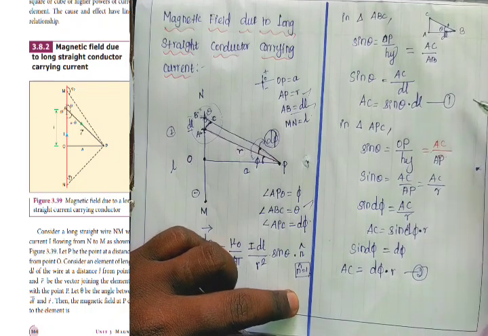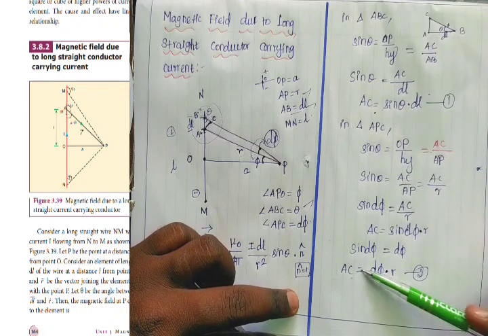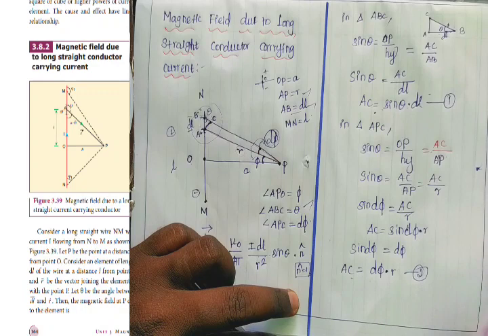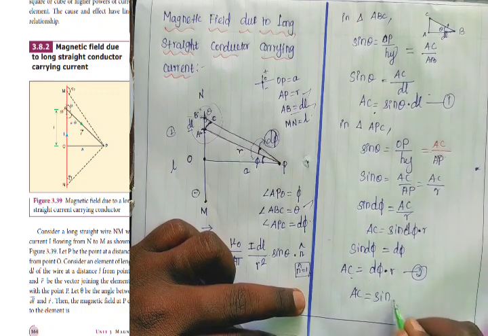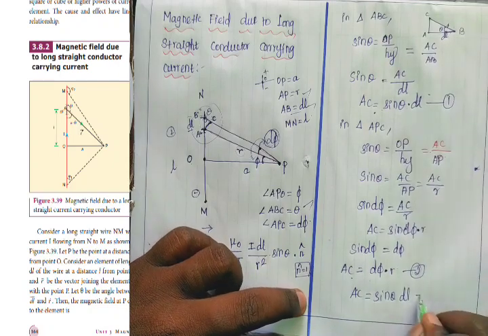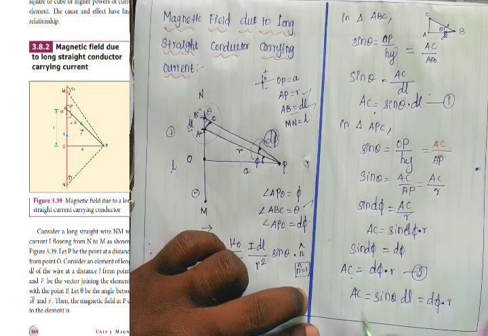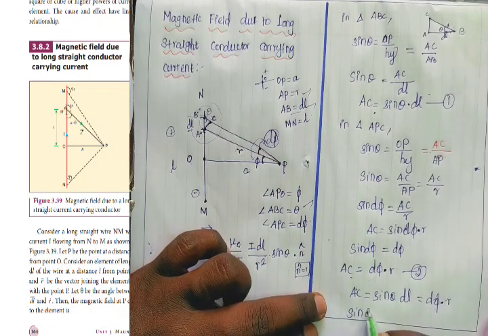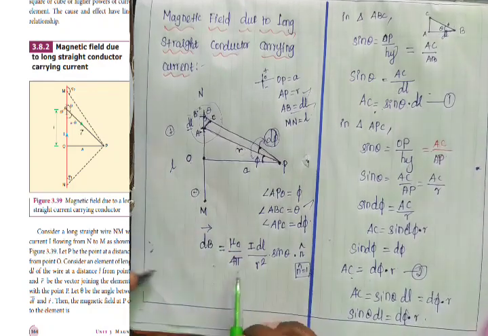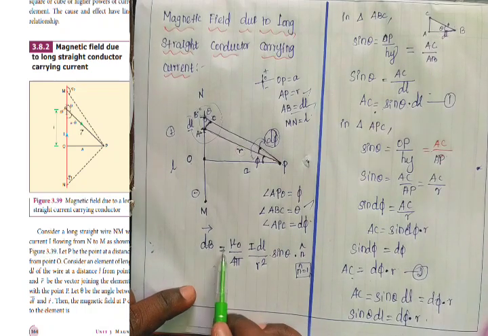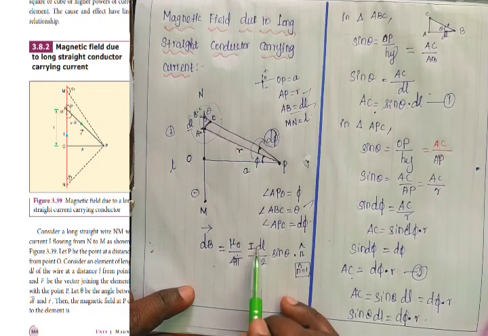This is equation number 2. In the first equation the AC value is sin theta dl. In the second equation the AC value is d phi dot R. So AC is equal to sin theta dl, which is equal to d phi dot R. In the Biot-Savart equation, dB is equal to mu naught divided by 4 pi, I dl sin theta.